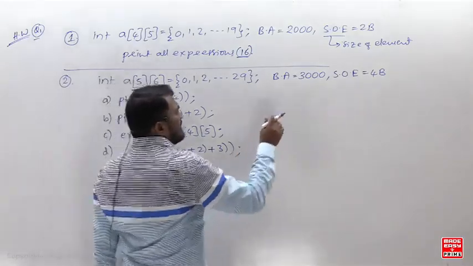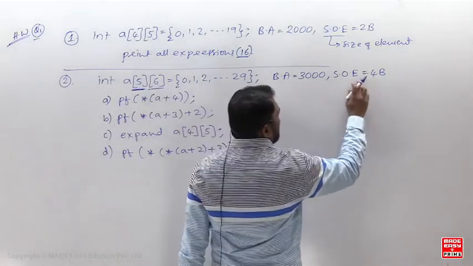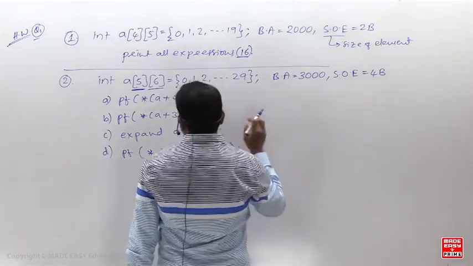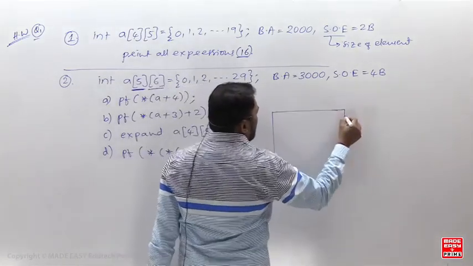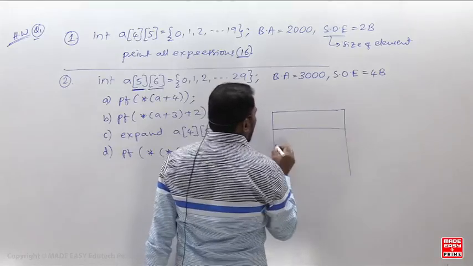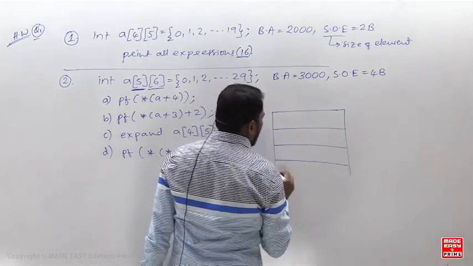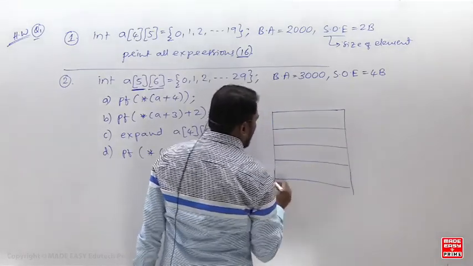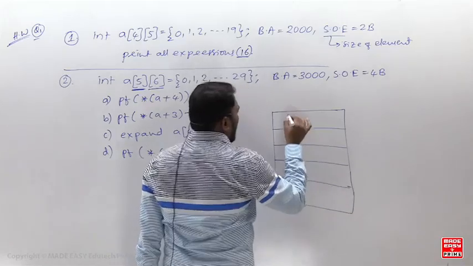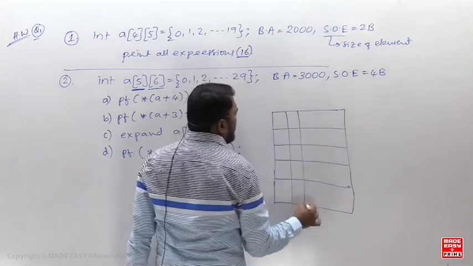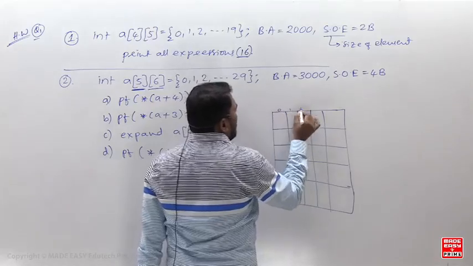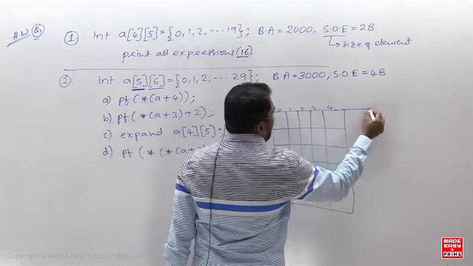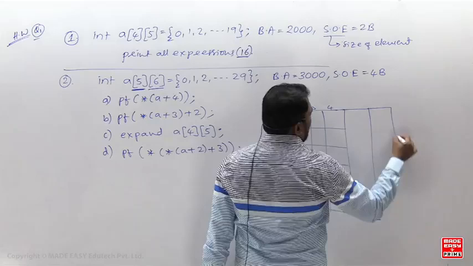Now look at your base address, given as 3000, and the size of each element is 4 bytes. So for the second question, just make a rough diagram like this: 5 one-dimensional arrays, each of size 6. I am making the diagram here. Indices 0, 1, 2, 3, 4, 5.